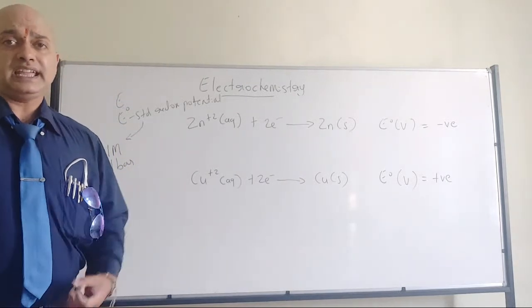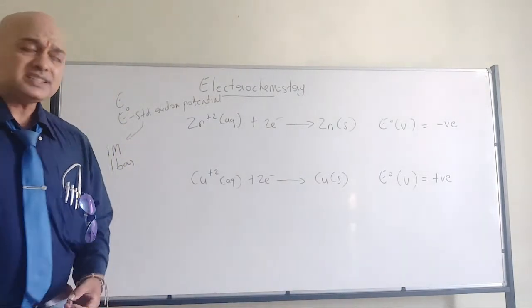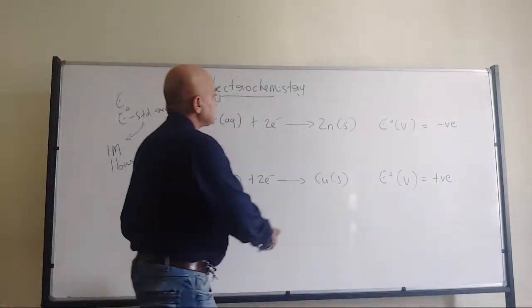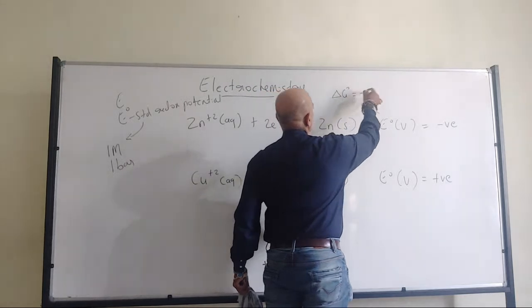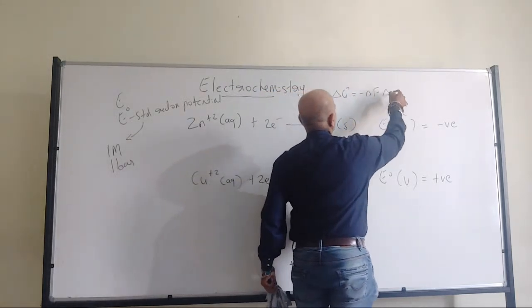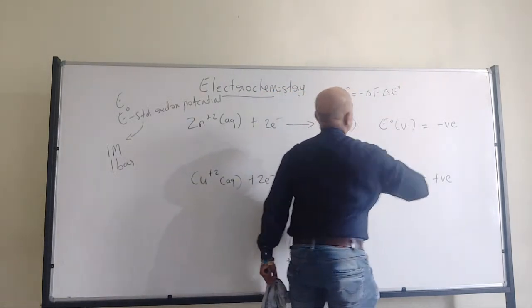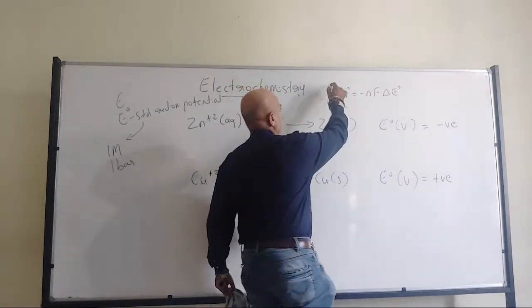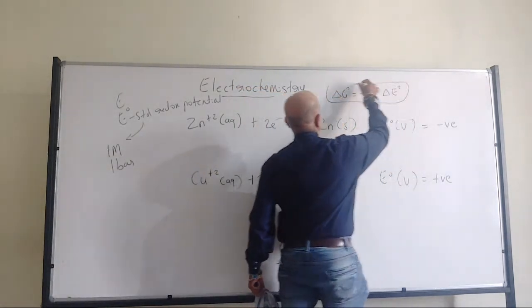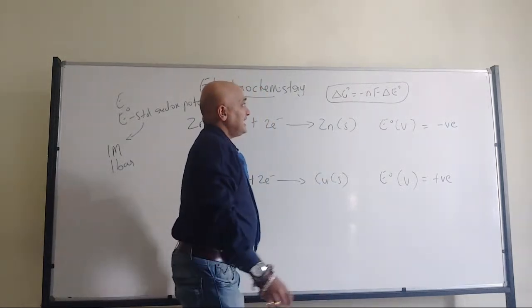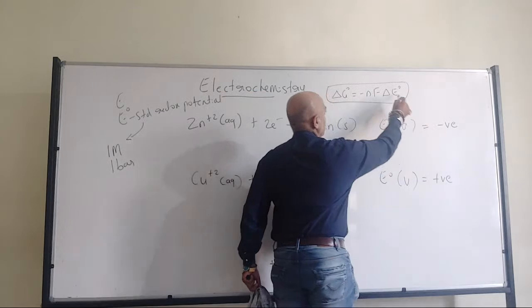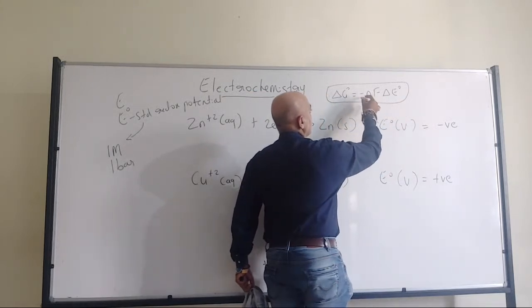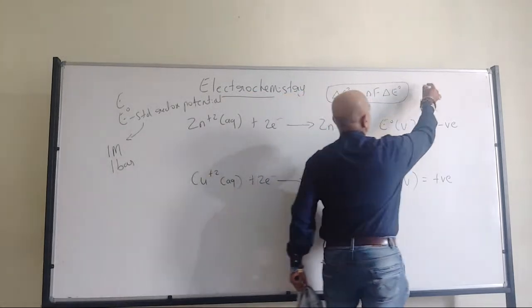What does it indicate? First and very important point here is, we have an equation called delta G naught is equal to minus NF delta E naught. This is the equation which in a later part of this topic we are going to discuss. If I have the redox potential value as negative, the total value will become positive.